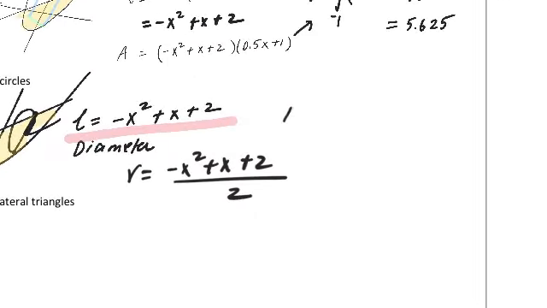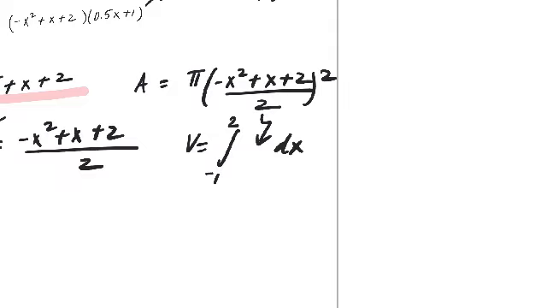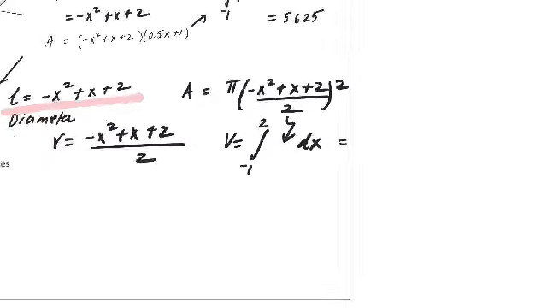My area is going to be pi times the radius all squared, and my volume will be integrating this area, so put that into your integral dx.